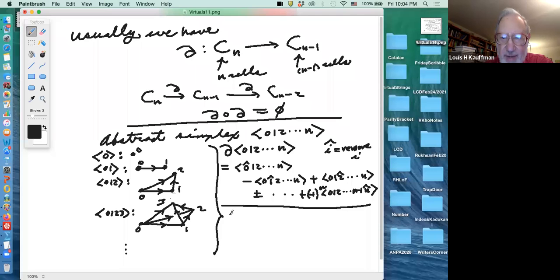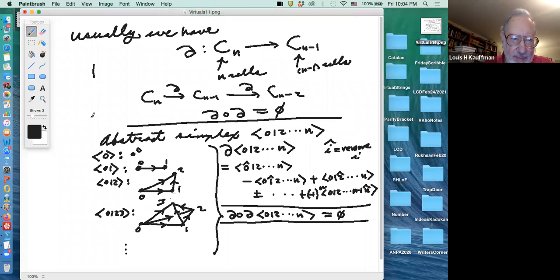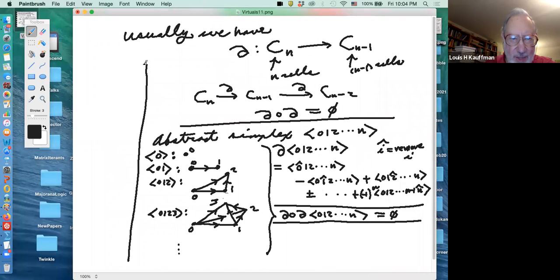You should check that the boundary of a simplex is algebraically 0. Let's do one so we see that this actually does happen. This is the granddaddy of all things homological, really. So let's take the boundary of 0, 1, 2.